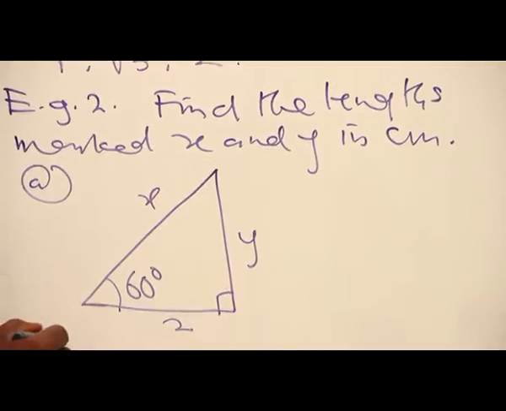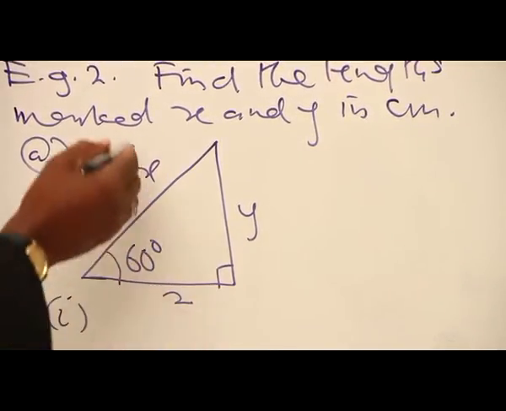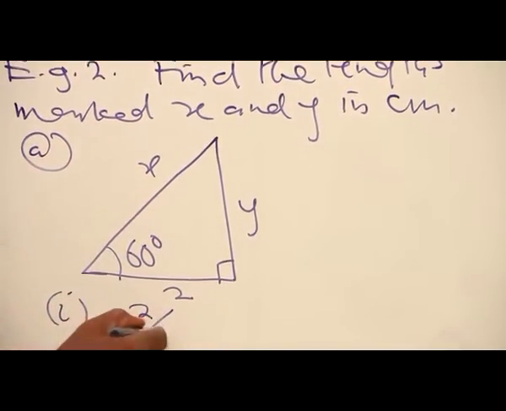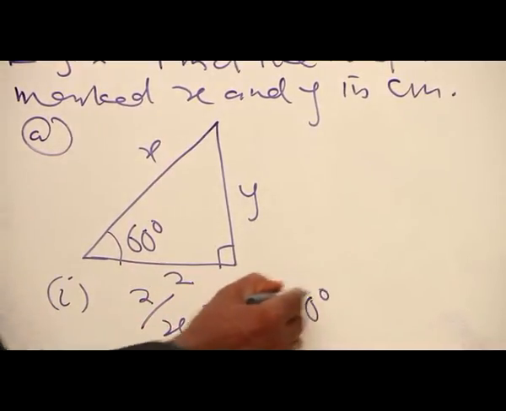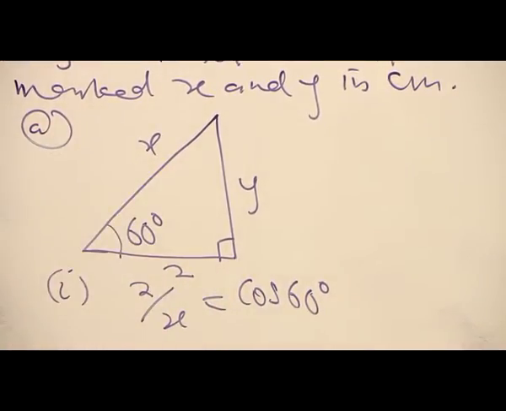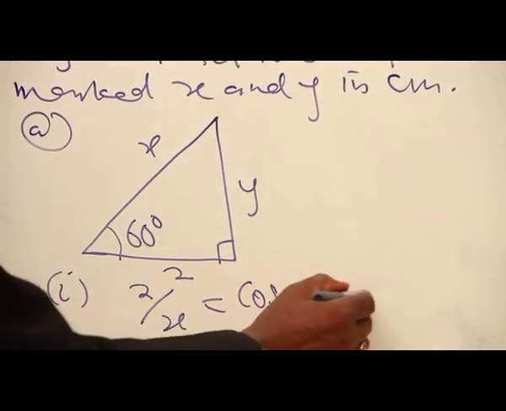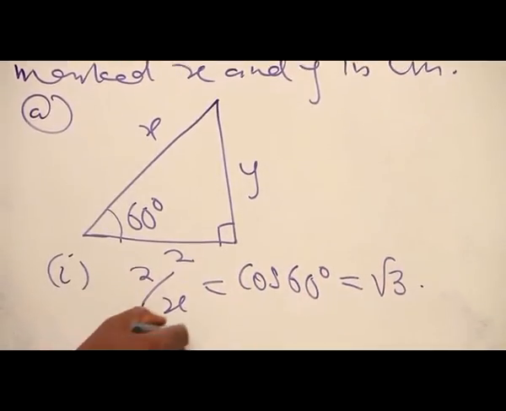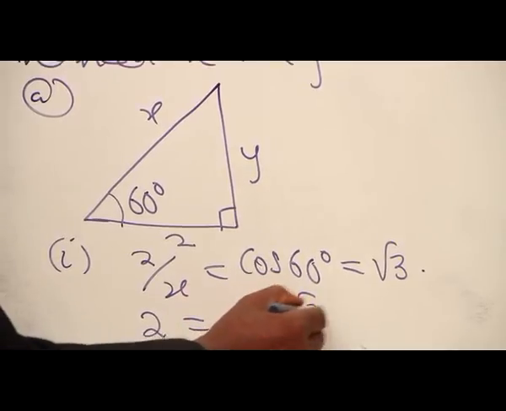From what we have, this is adjacent over hypotenuse. So we have 2 all over S is equal to cos 60 degrees, adjacent over hypotenuse. And we know that cos 60 degrees is equal to root 3. You cross multiply, 2 is equal to S times root 3.